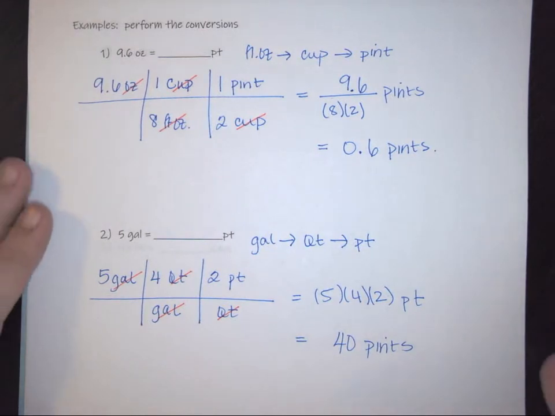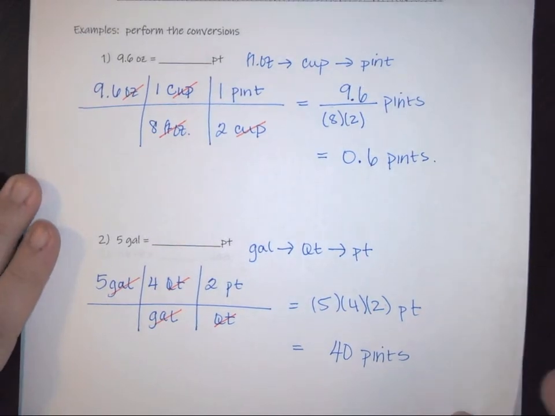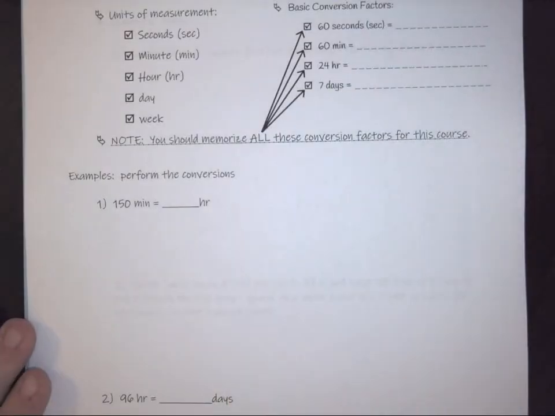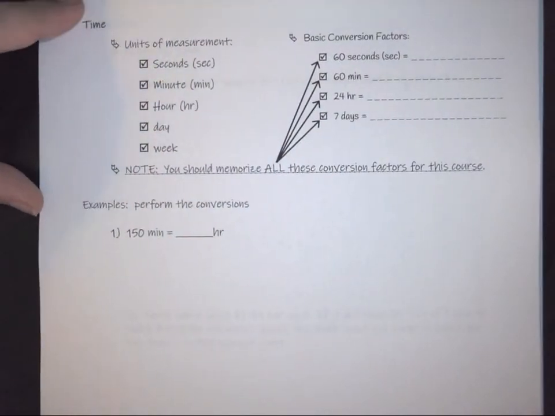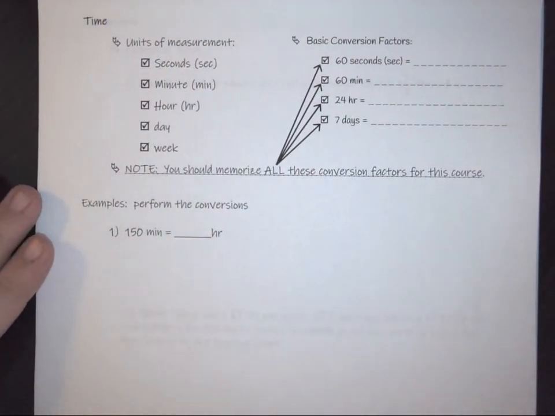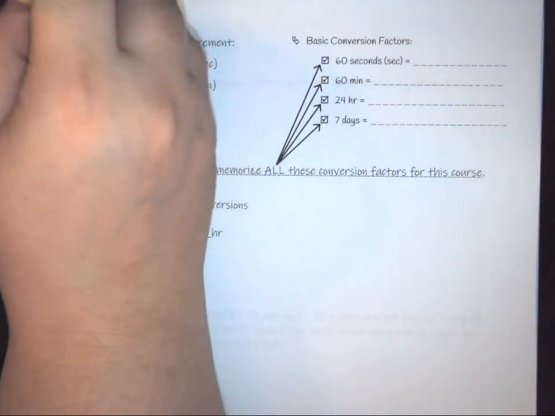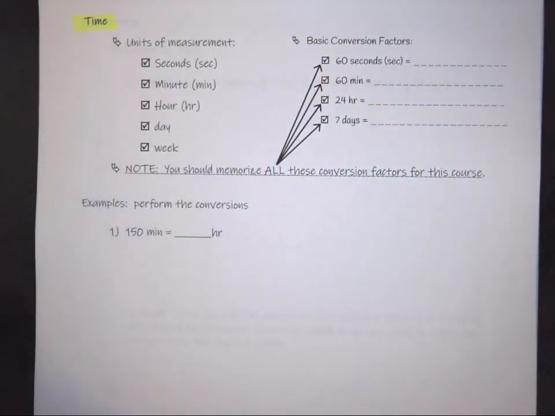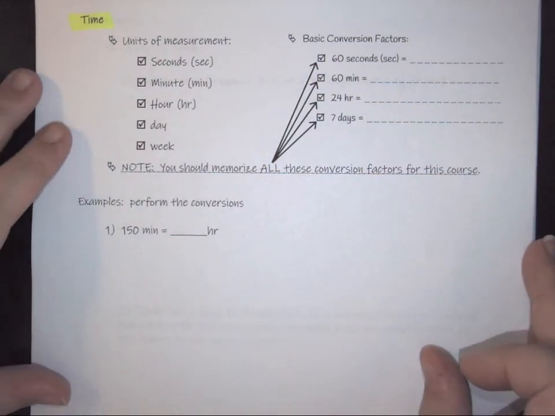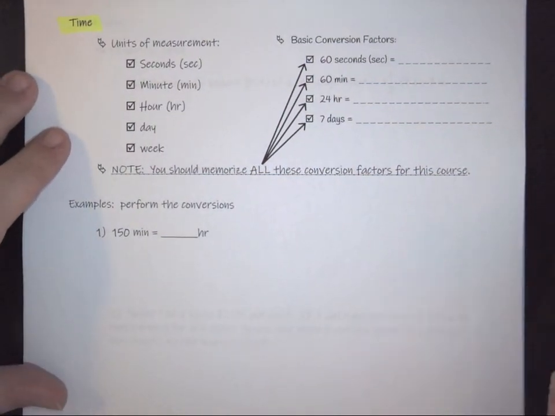Okay, capacity. Now, the last big major unit of measure that we have under US measurements is the measure of time. Now, the measure of time is something that you're just expected to know regardless of your level of student.